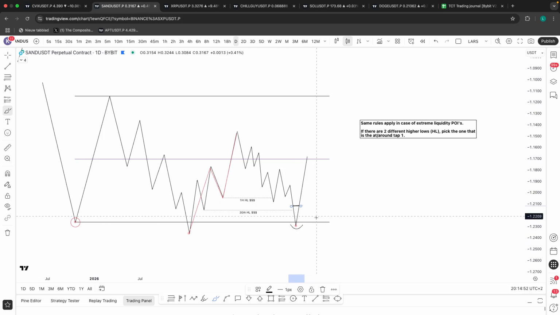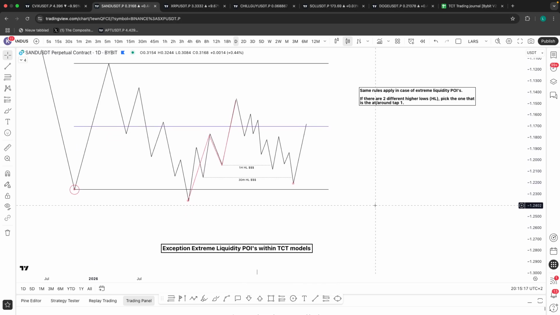Like, if it takes out that low, you're simply wrong, and there's no room for error, which will also happen here and there. But when you're initially pre-planning the extreme liquidity POI, you're going to be picking and focusing and putting the importance on the 30-minute because it's closer to tab 1, and you'll be trading more of an extreme. This is trading way too deep in the range itself.